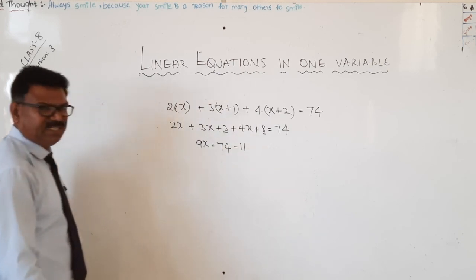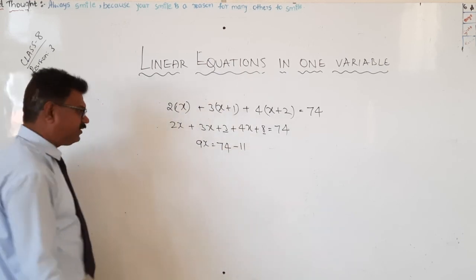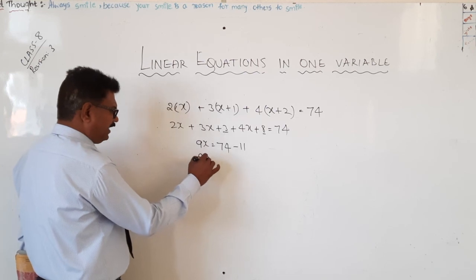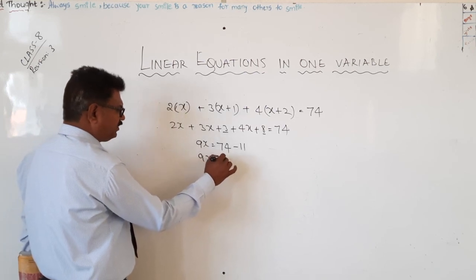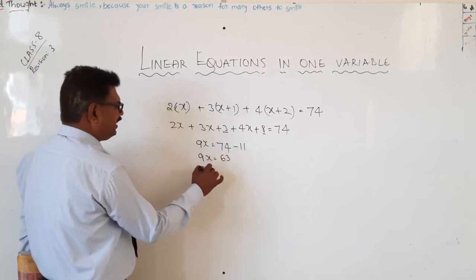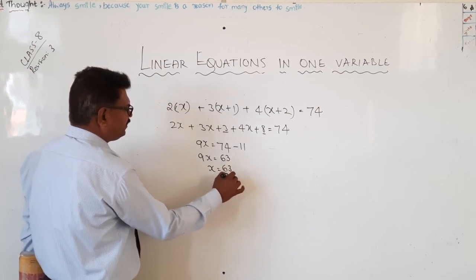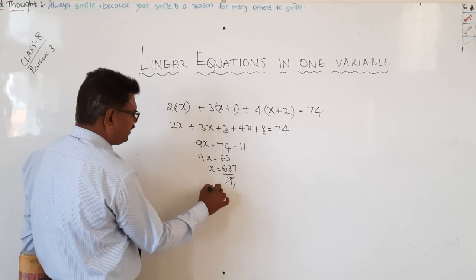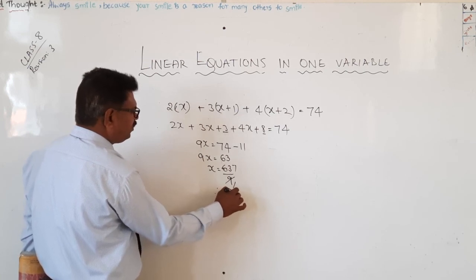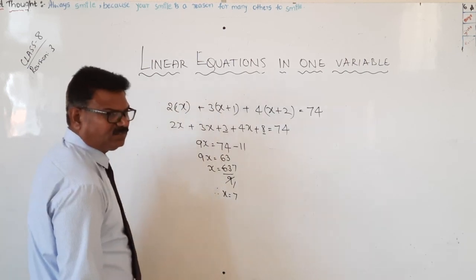If it comes here, it will become minus 11. Now 9x is equal to 63. x equal to 63 divided by 9. 9 7s are 63. Therefore x equal to 7.